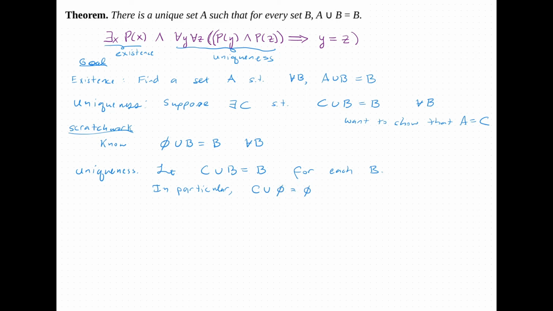But now, we know that C union the empty set is equal to C. So since C union the empty set is equal to C, we must have that C is exactly equal to the empty set.